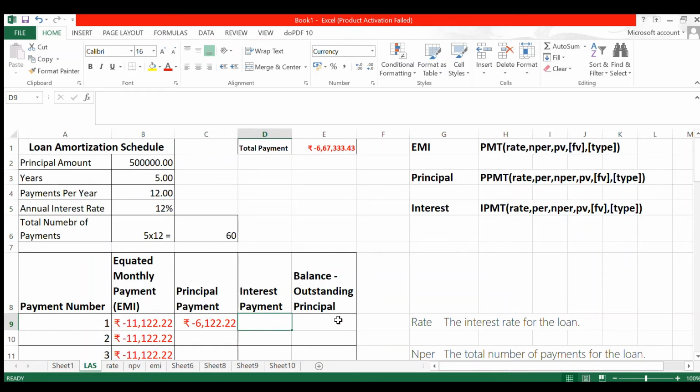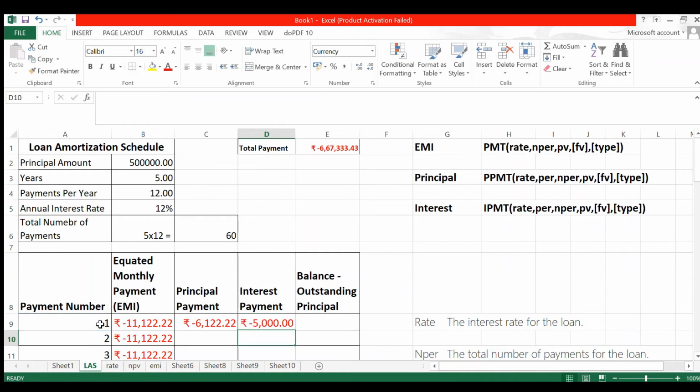So we can populate those input values into the IPMT function. 0.01 is the rate, and again we need to compute the interest payment for the first month, and since this number needs to change, we are giving a cell number which corresponds to the period. The total number of periods will be 60, and the present value of the loan is 5 lakh rupees. So close the bracket and press enter. We will get the amount 5,000.